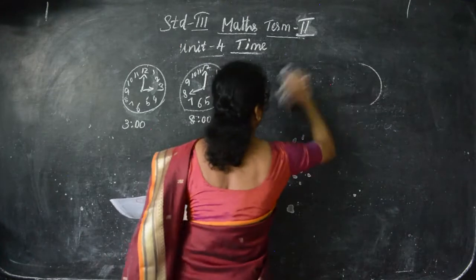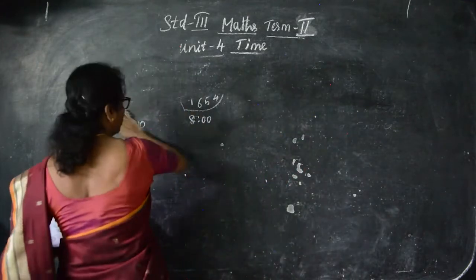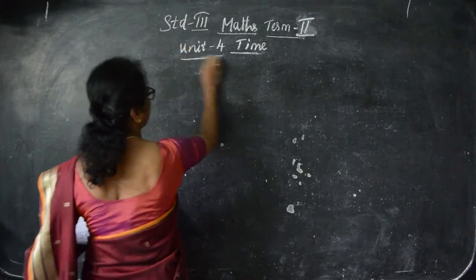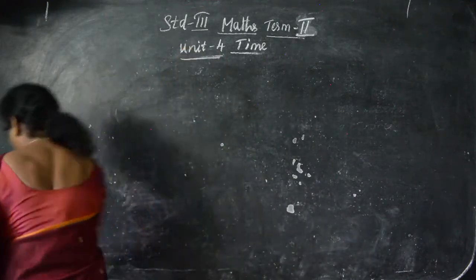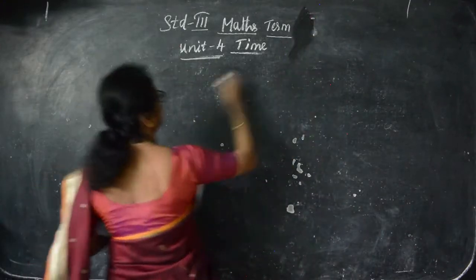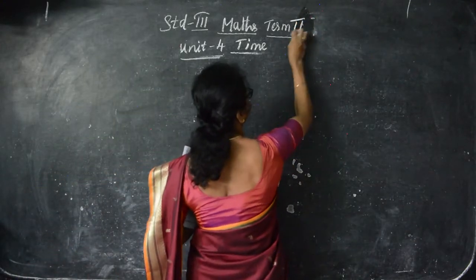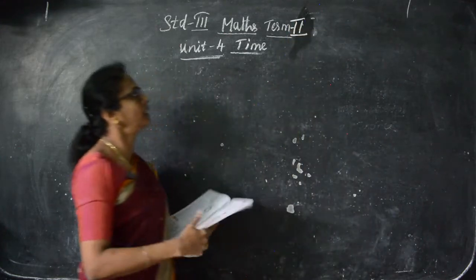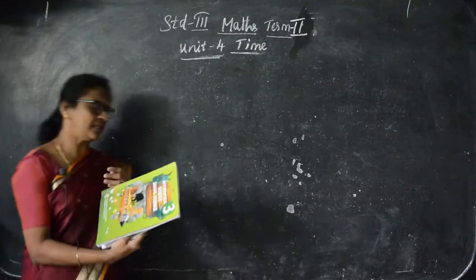The small hand is at 8 and the big hand is at 12. So that is 8 o'clock. This is unit 2, term 2, unit 4, third standard.